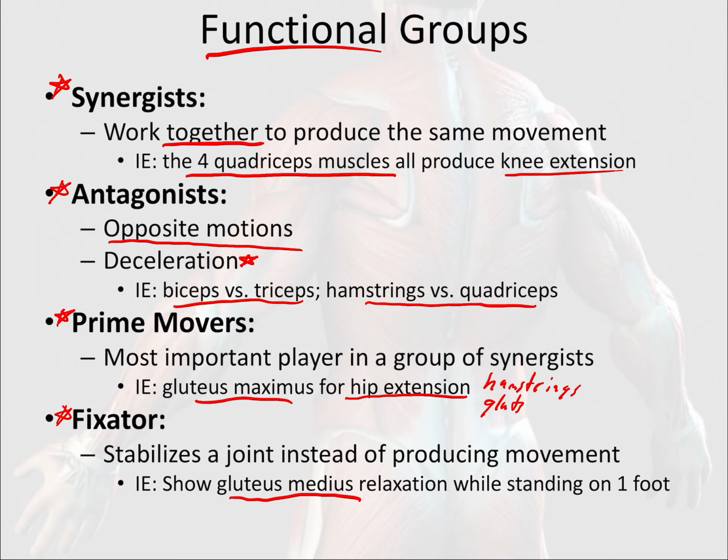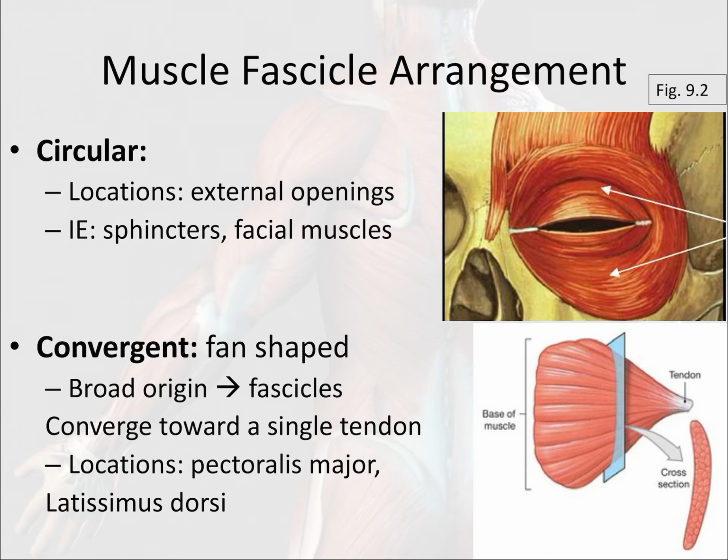That's what it does as a mover. But as a fixator, on that other leg that you were standing on, the left leg, the gluteus medius had to contract to hold your pelvis in place. Because if it didn't, your pelvis on that side would just fall down. So if you relax your gluteus medius when you're standing on one foot, then the other side drops. So those fixator muscles are very important.